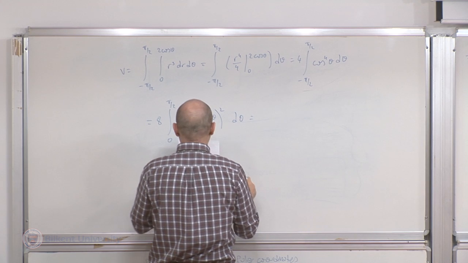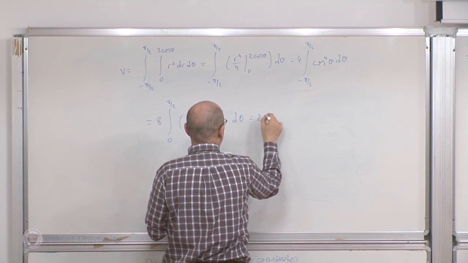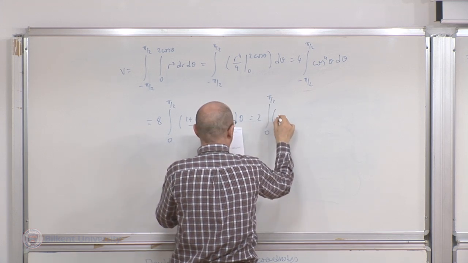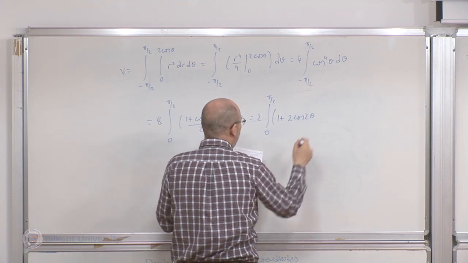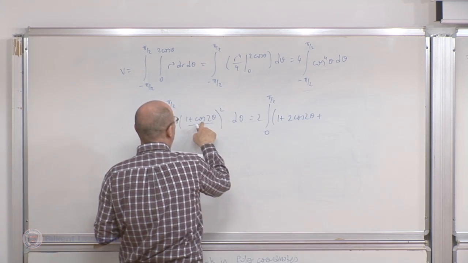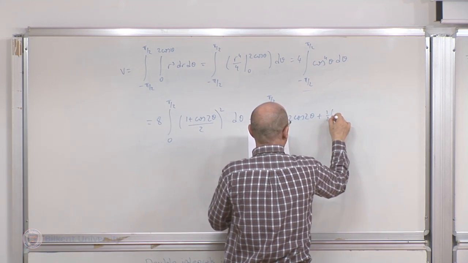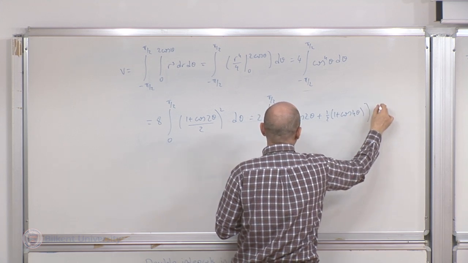Okay, so here I have 4 over 8, so I have 2 here. Integral 0 to pi over 2. I have 1 plus 2 cosine 2 theta plus cosine square 2 theta, which becomes 1 over 2 times 1 plus cosine 4 theta, d theta.